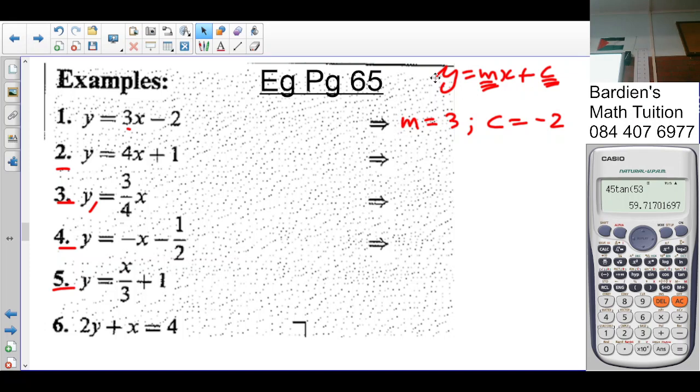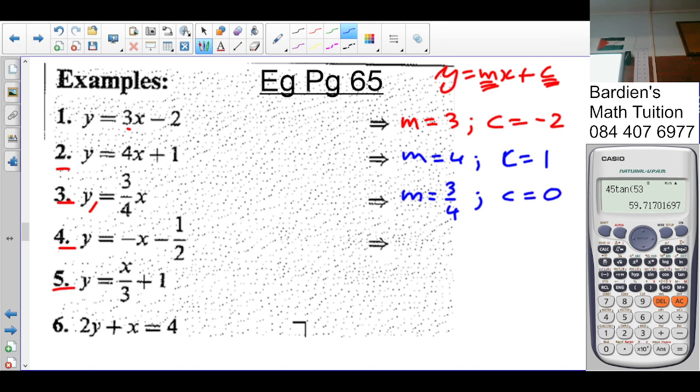So number 2, your m value is 4 and your c value? Your number 3? 3/4. And your c value? Zero, none.